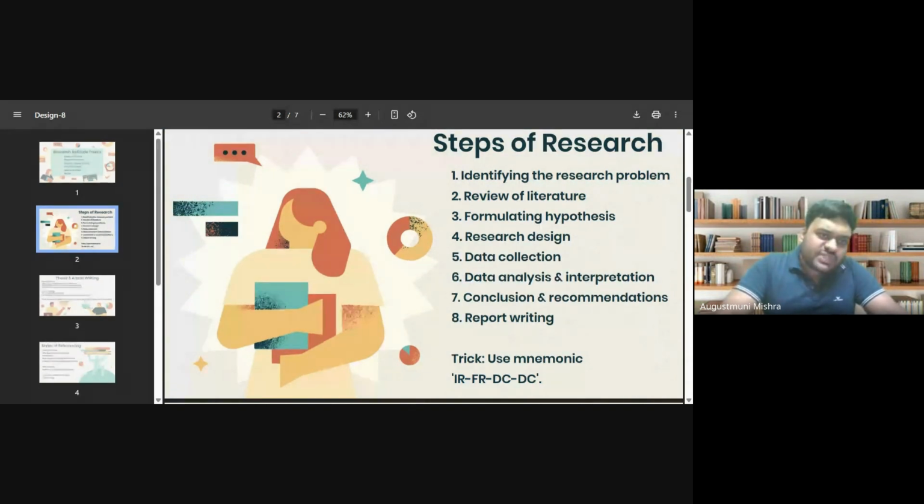There will also be objectivity, meaning you are going to get data, facts, figures, and there will be less subjective content in it. So these are the purposes of research design.